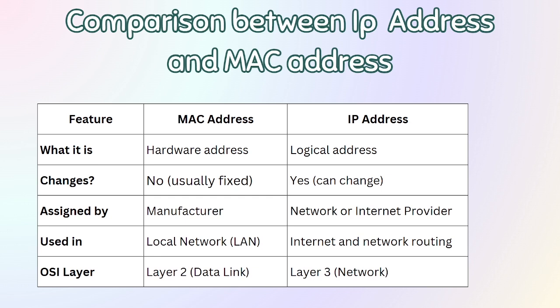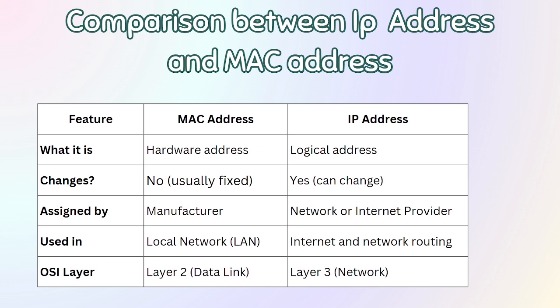A MAC address is assigned by the manufacturer, while an IP address is assigned by the network or Internet provider. A MAC address is used in local area networks, while an IP address is used on the Internet or for internet routing.